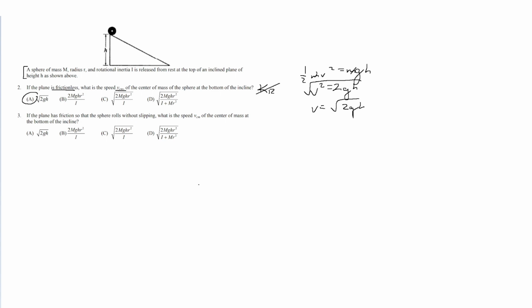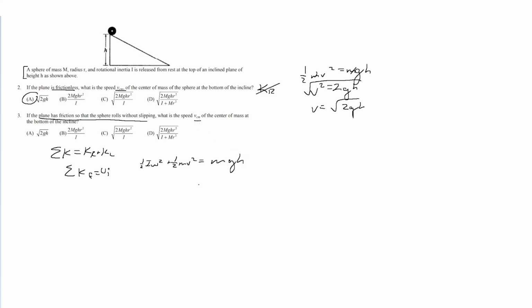Now, question 3 is where it gets a little tricky. We're asked, if the plane has friction, which means that we will roll without slipping, what is the speed of the center of mass at the bottom of the incline? So now the sum of kinetic energy equals Kr plus KL, and Kf equals Ui. So 1/2 Iw squared plus 1/2 mv squared is going to equal mgh.